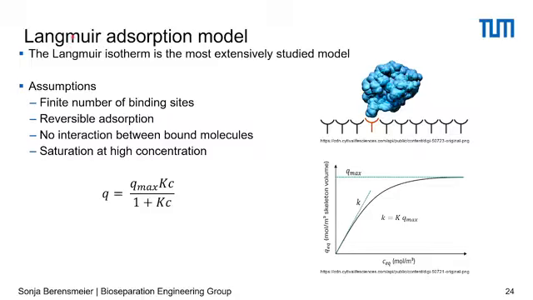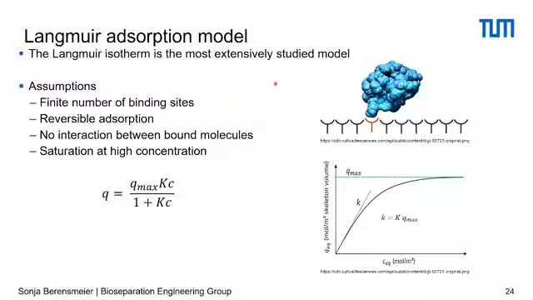You might already know the Langmuir model. This is the most extensively studied model, and the Langmuir model is a really simple model that describes how the concentration in the fluid phase and the stationary phase behave. The Langmuir model makes some important key assumptions. The first being that there is only a finite number of binding sites. So as you can see in the graphic on the right, there's only a fixed number of binding sites. So it's not an infinite number of molecules that can bind, but just a finite number.